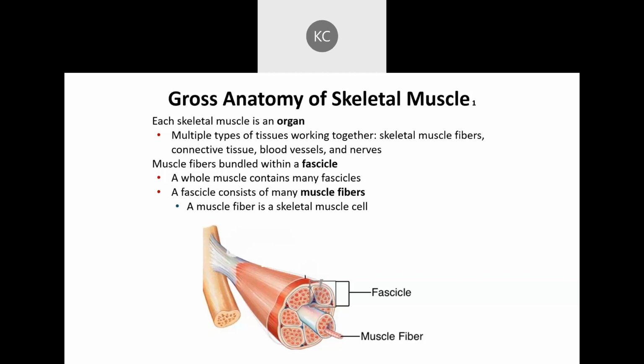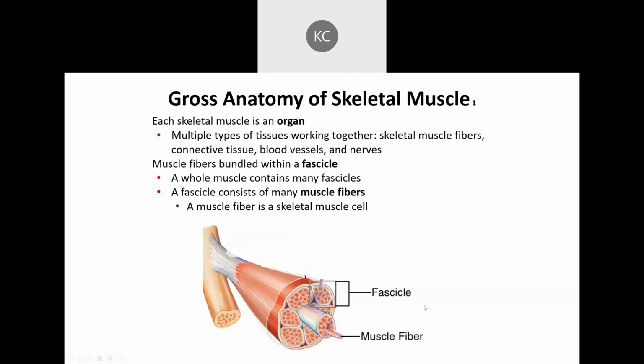Say you have 10 pencils, and you wrap a rubber band around them and it keeps them all together. That entire structure is the fascicle, and each individual pencil is one individual muscle fiber, right? So here you see one entire fascicle that has been pulled out, and out of that fascicle, we pulled out one individual muscle fiber.